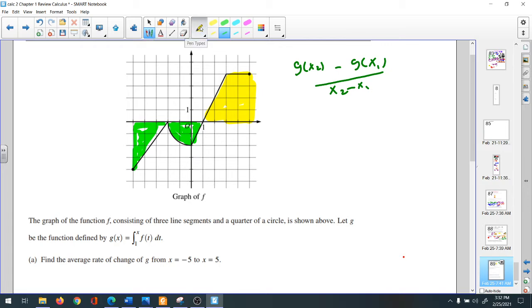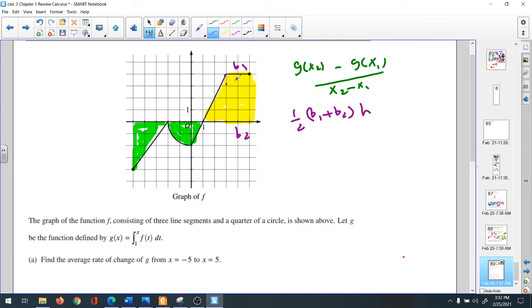What we can do is find the positive part first, which looks like a trapezoid with base 1 and base 2, and this is the height here. The area of a trapezoid is a half times base 1 plus base 2, times the height.